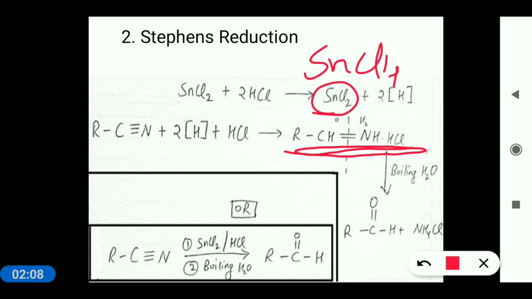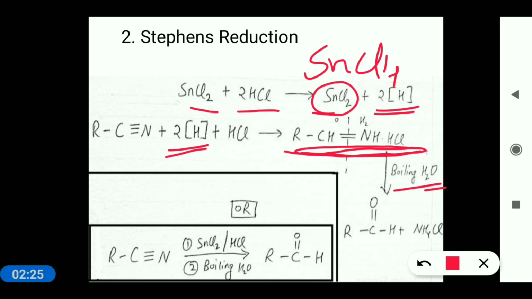For example, SnCl2 with HCl liberates nascent hydrogen. This nascent hydrogen gives rise to imine hydrochloride, which reacts with boiling water.